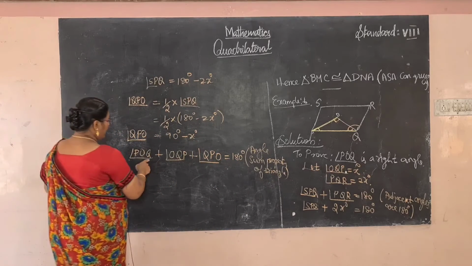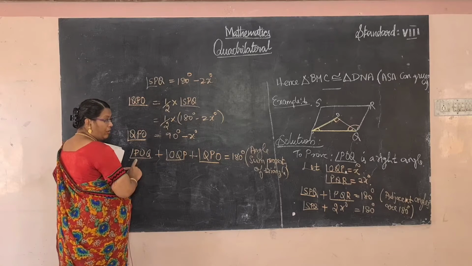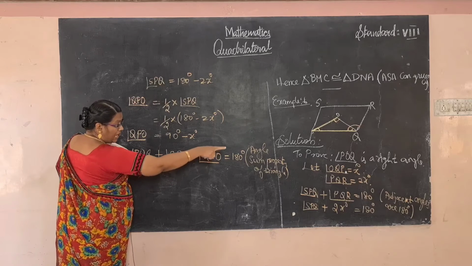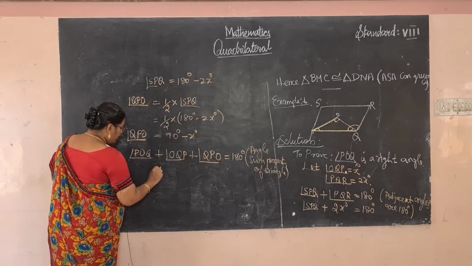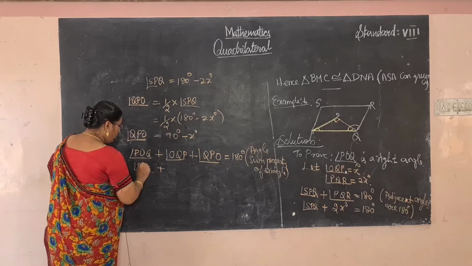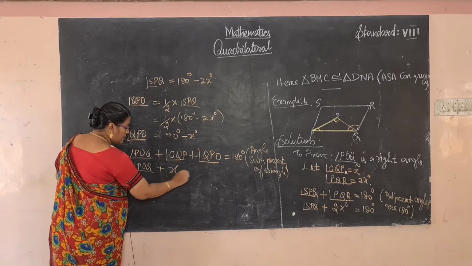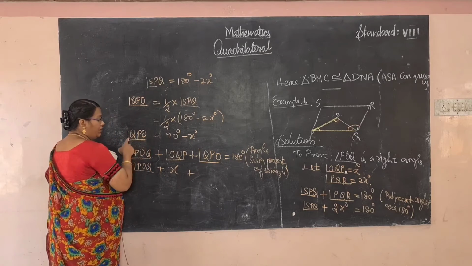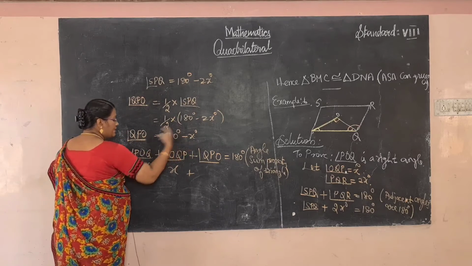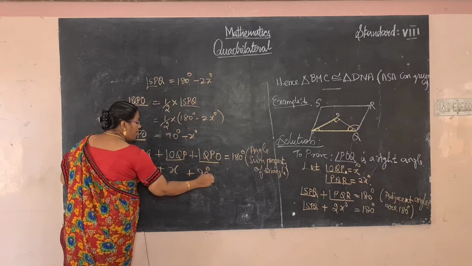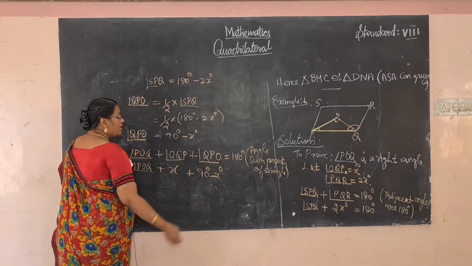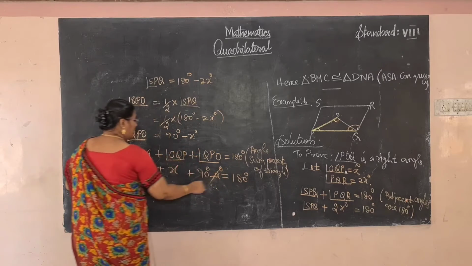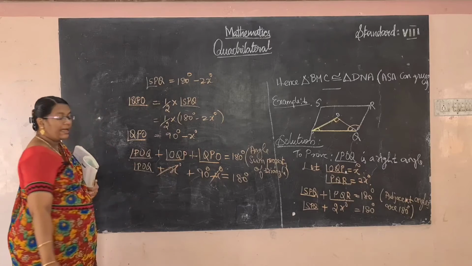Now substitute the values. We have to find out this value POQ. OQP value we have, let's consider x. So you will write POQ plus x plus the QPO value, which we found, 90 degrees minus x degrees, is equal to 180 degrees. So plus x and minus x will be cancelled.